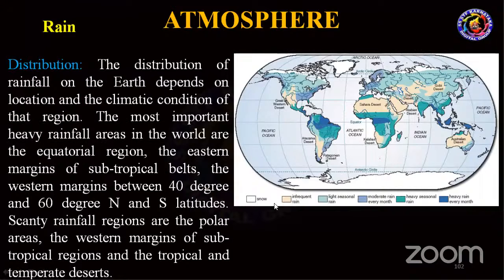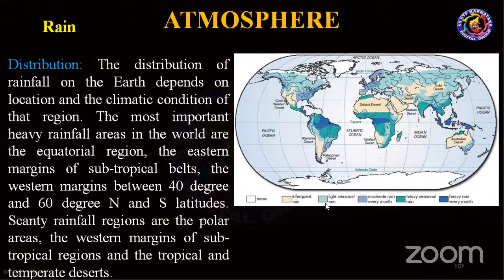In this picture, at the bottom they have mentioned, you can see the light yellow color areas. These receive less rainfall because almost all these areas are desert areas and light seasonal areas.